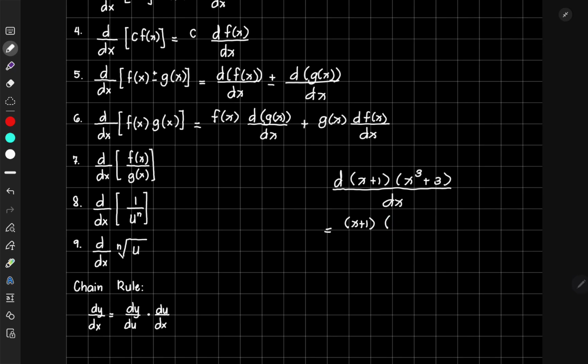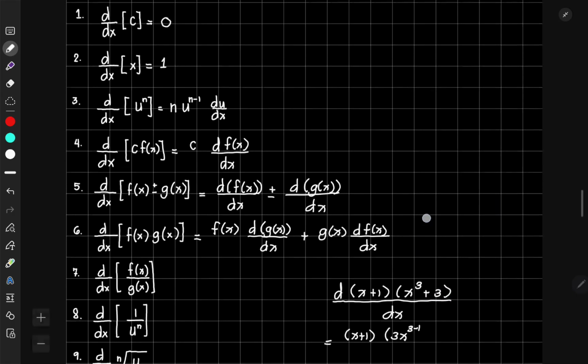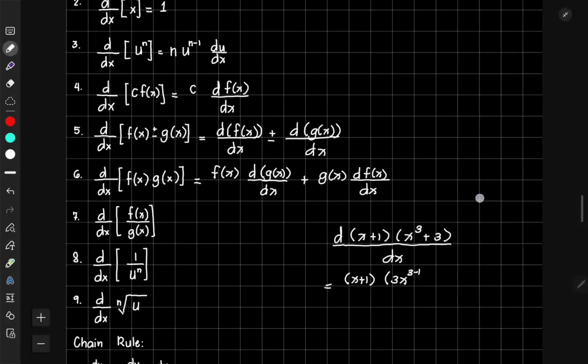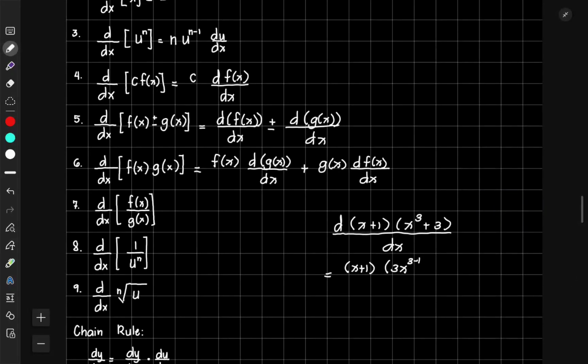So, kunin natin yung derivative ng x cube plus 3. So, we have, bring down yung 3. So, we have x to 3 minus 1. Then, getting the derivative of 3. So, from our rule number 1, constant rule, the derivative of any constant is equal to 0. So, that is plus 0. Next, so we have ito, plus.